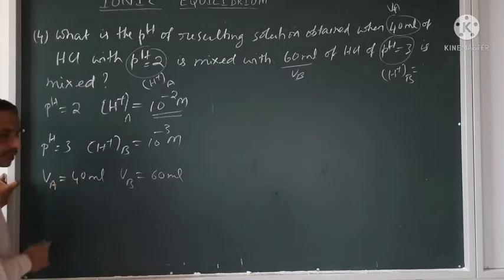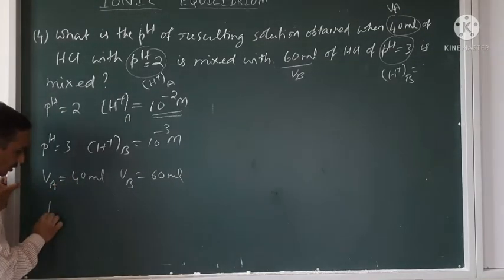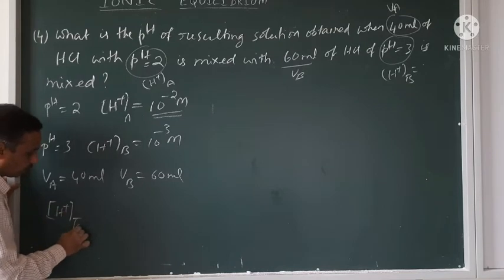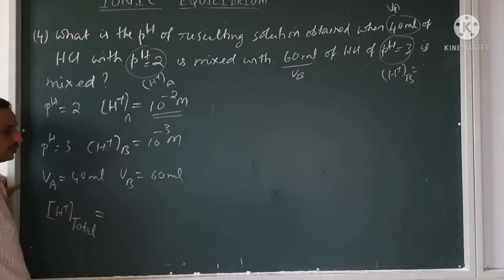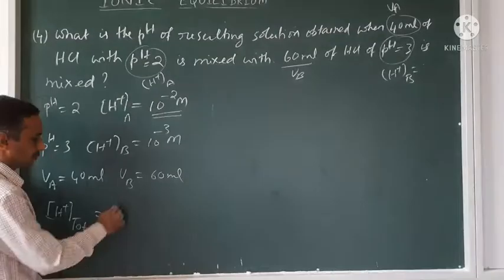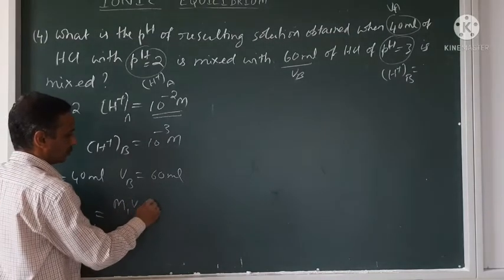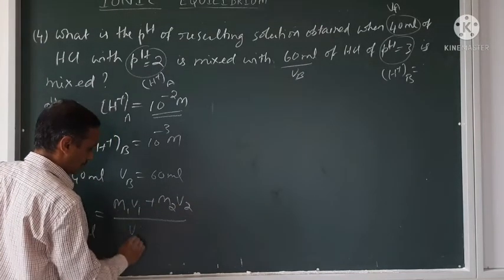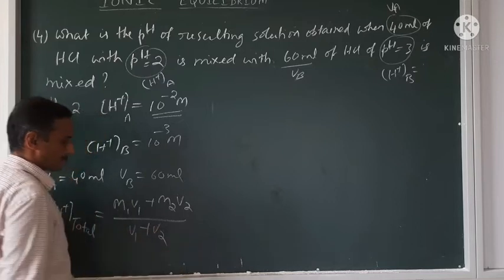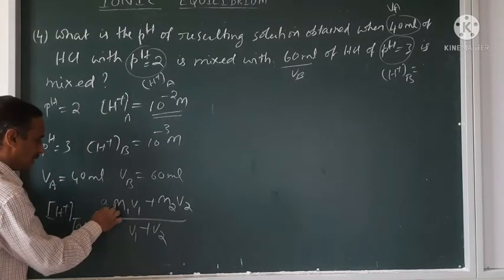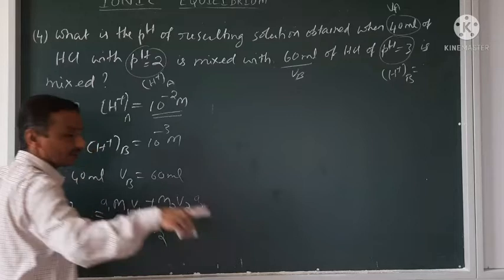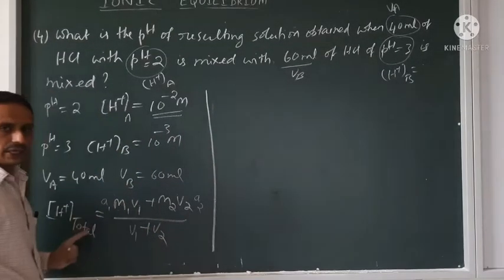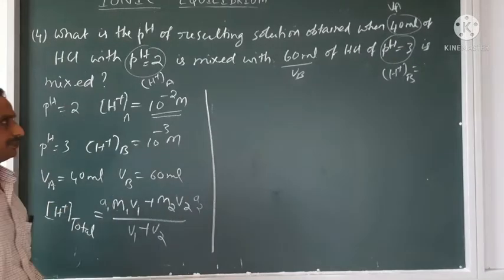So I want the total H plus concentration, which is equal to M1 V1 plus M2 V2 divided by V1 plus V2, or I can say A1 and A2 also, but here A1 and A2 are one only because it is HCl only.